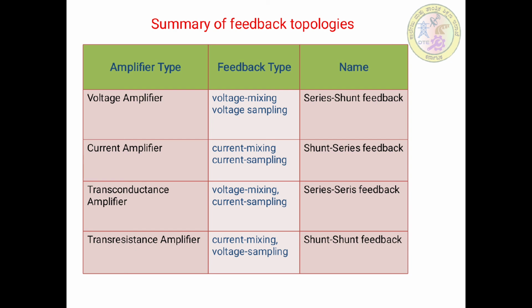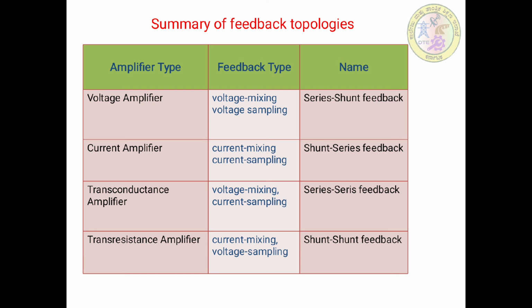Now this table presents the summary of all the feedback topologies. First one, voltage amplifier. What is the type of feedback we have? Voltage mixing, voltage sampling, and this is also known by the name series shunt feedback. The feedback type represents how the mixing is done at the input and which quantity is sampled and which quantity is mixed.